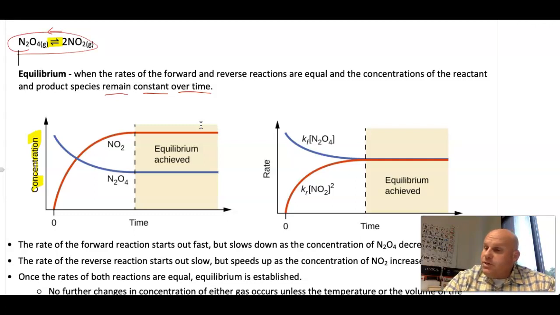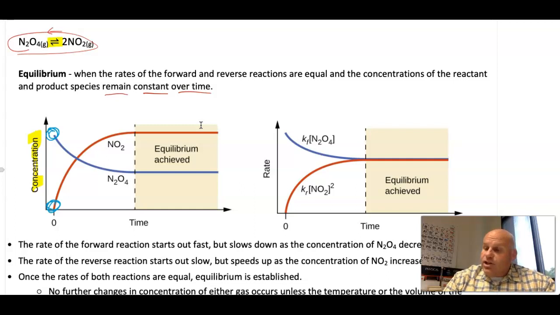So initially we would expect to have a high amount of N2O4 and 0 NO2 as our reaction gets started. And because we have a greater concentration of N2O4 initially, those molecules are going to react faster, and we are going to get this curve that we see here and here.